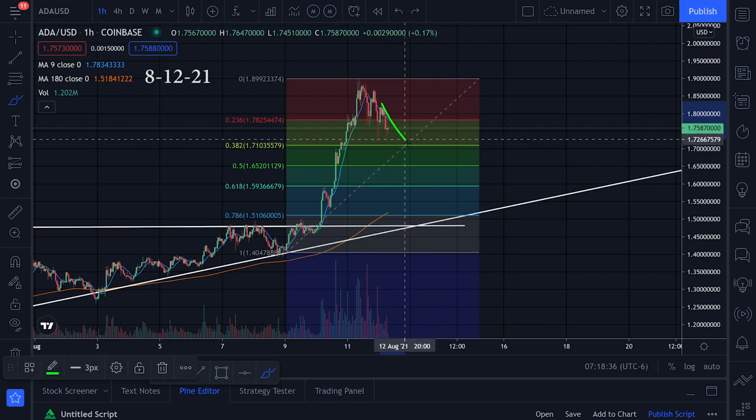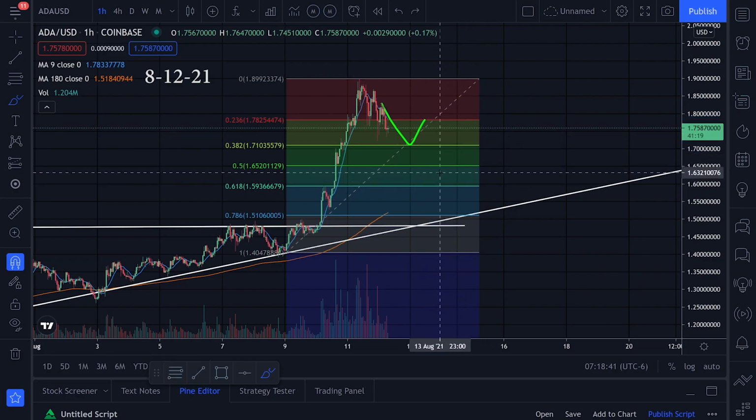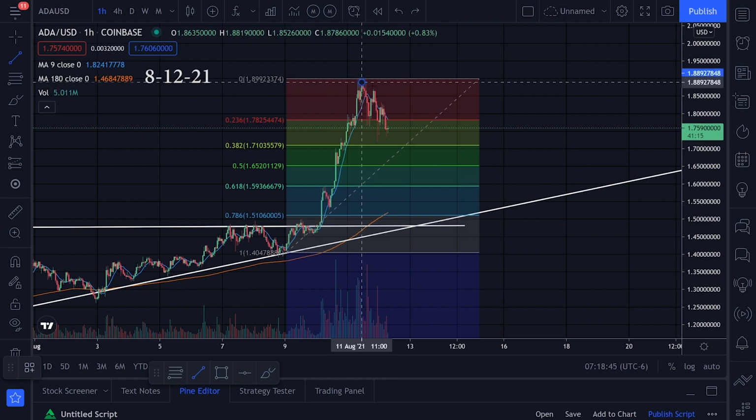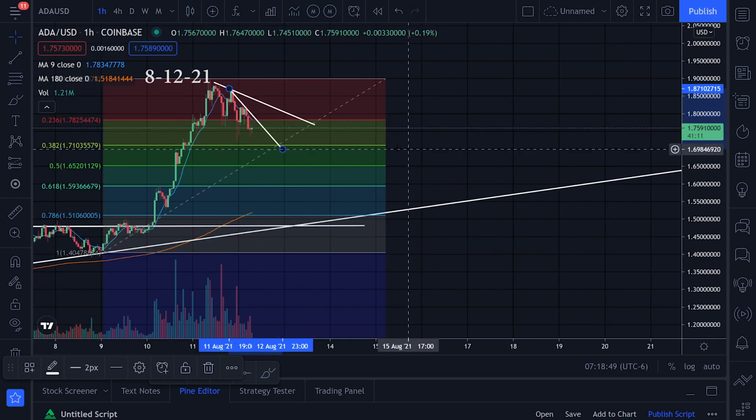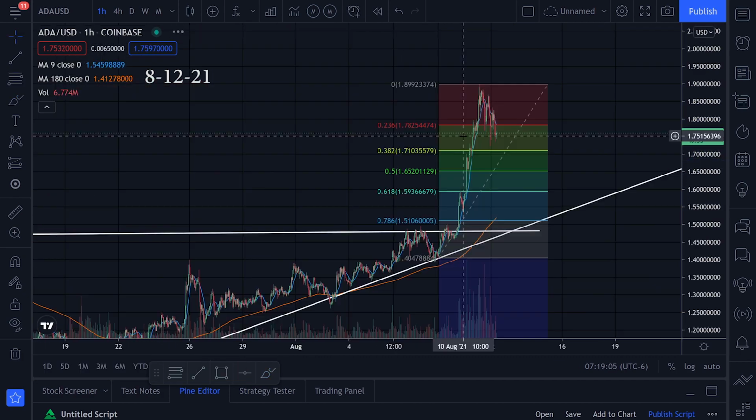And so let's say we get a bounce right here, you could take profits at this level when we start to come back down, or it just depends on how you want to play it. So yeah, we're in a downtrend right now, in my opinion, on Cardano, and these are the levels I'll be watching to dollar cost average back into Cardano.